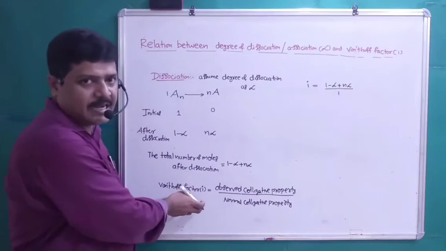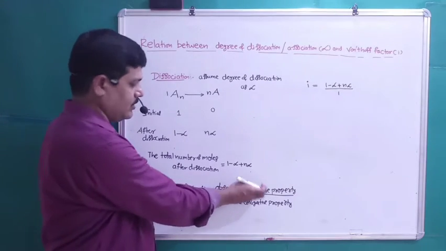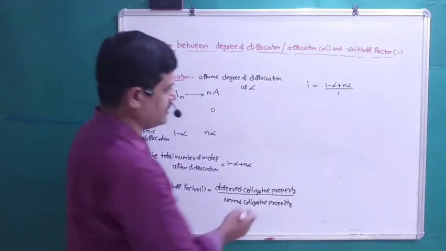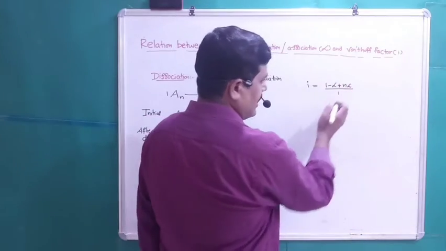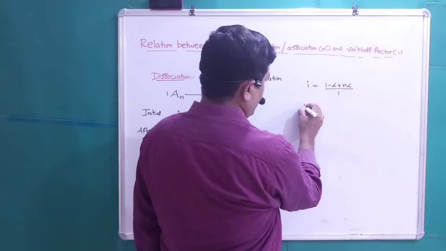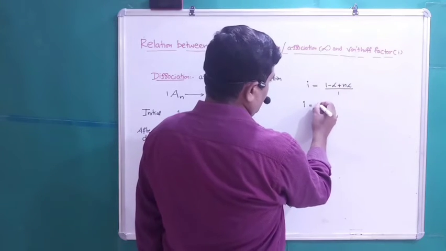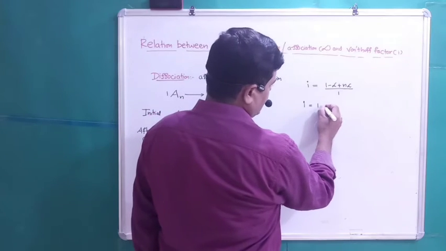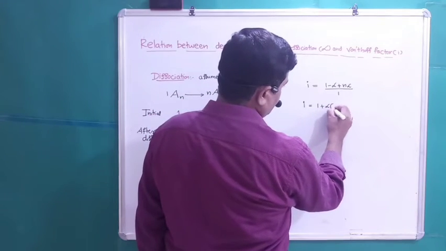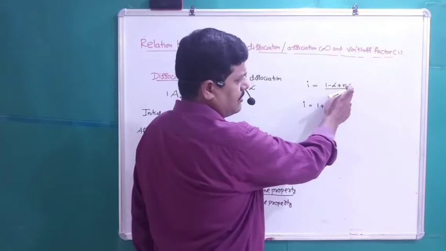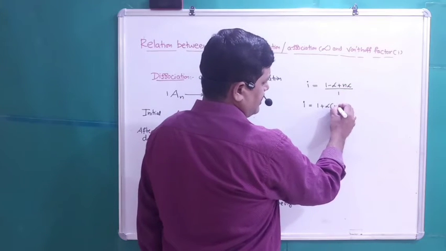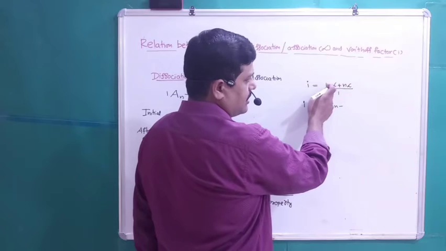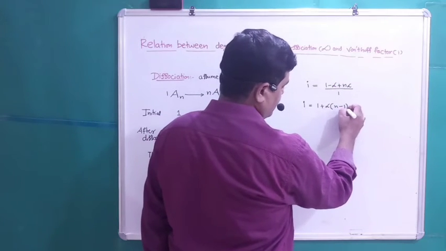So here we need alpha. So i is equal to 1 plus alpha; when we take alpha as common from these two terms, we get n minus 1, and the remaining term is minus 1.